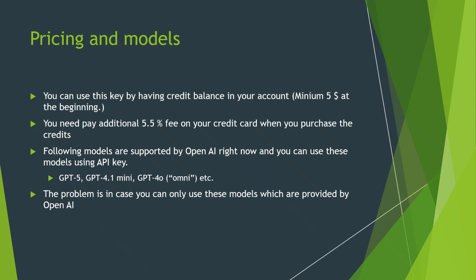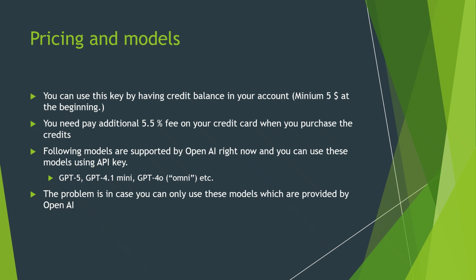When you have that credit balance, only then will you be able to make those API calls. While adding this amount through your credit card, you will additionally pay a 5.5% fee.